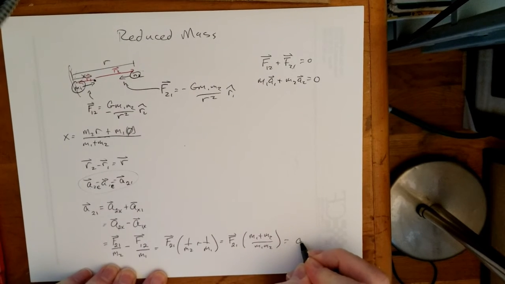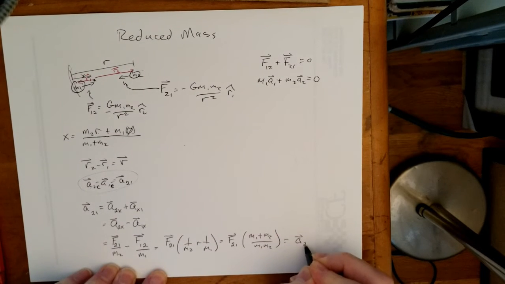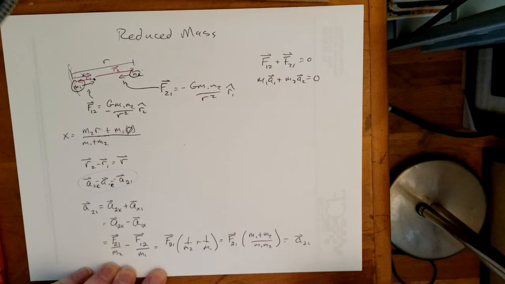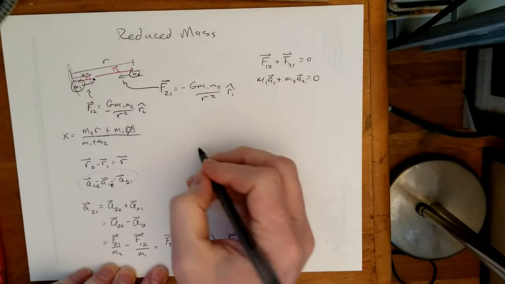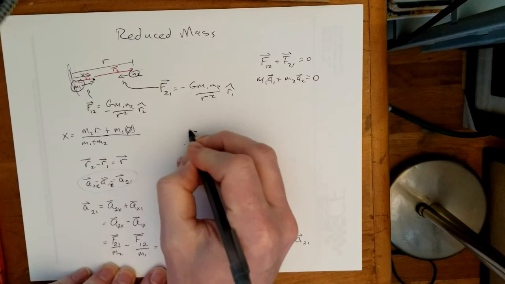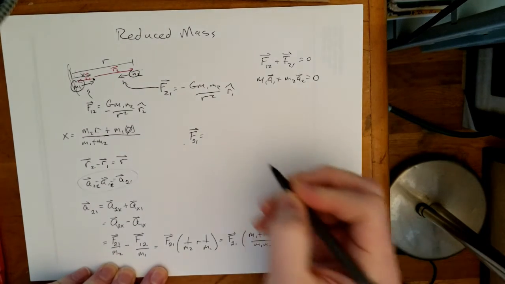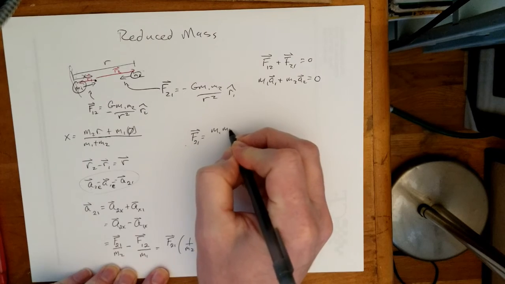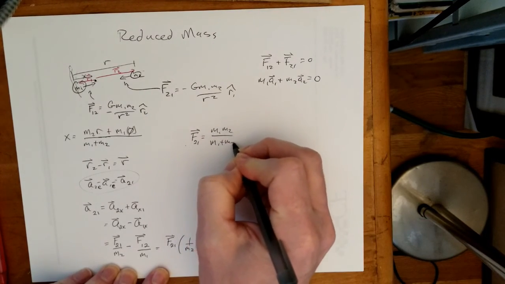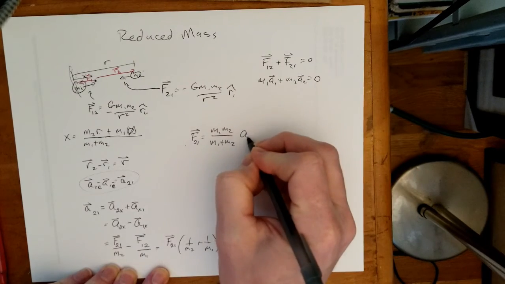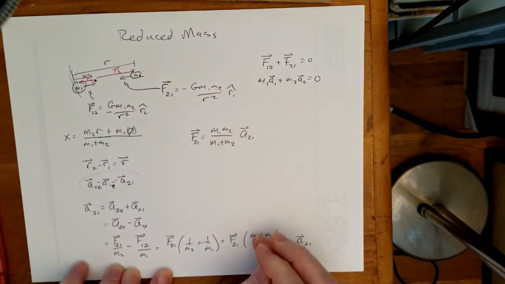And that's equal to the acceleration of 2 with respect to 1. So we end up with the force on 2 from 1 is equal to mass 1 mass 2 over mass 1 plus mass 2 times the acceleration of 2 with respect to 1.